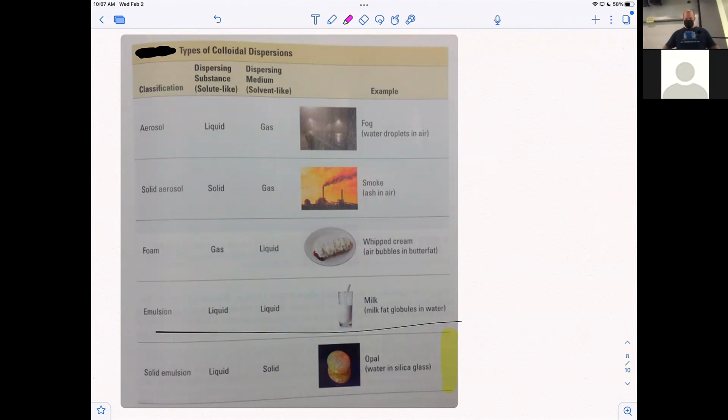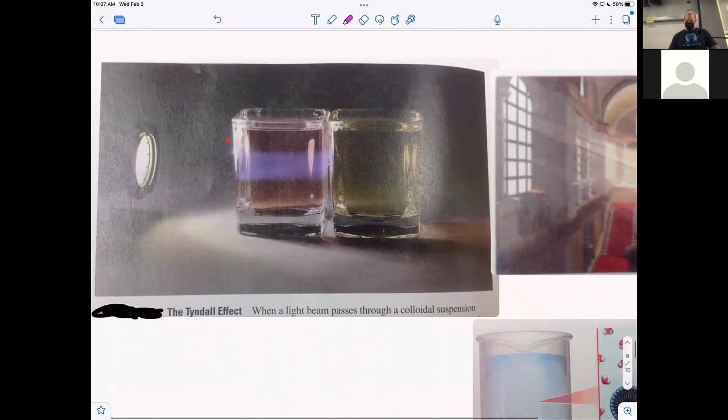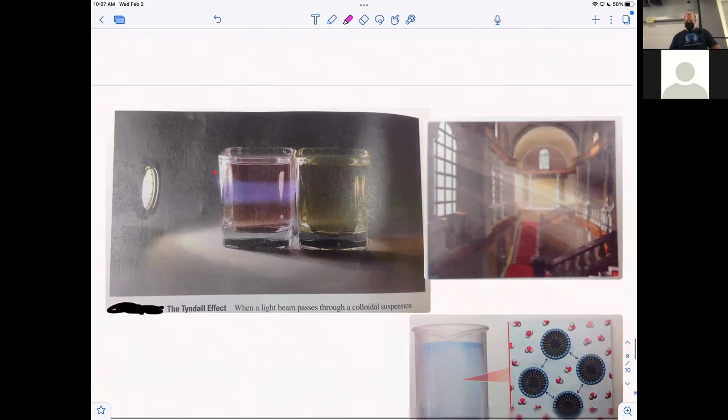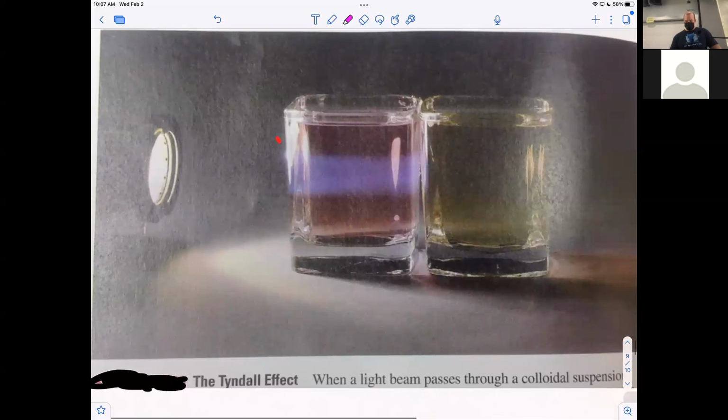You can have mixtures of things that are colloidal dispersions, and I'll jump ahead and tell you what makes a colloid: something called the Tyndall effect. The Tyndall effect is the scattering of light. If you have a flashlight and 2 solutions, which one is a colloid?